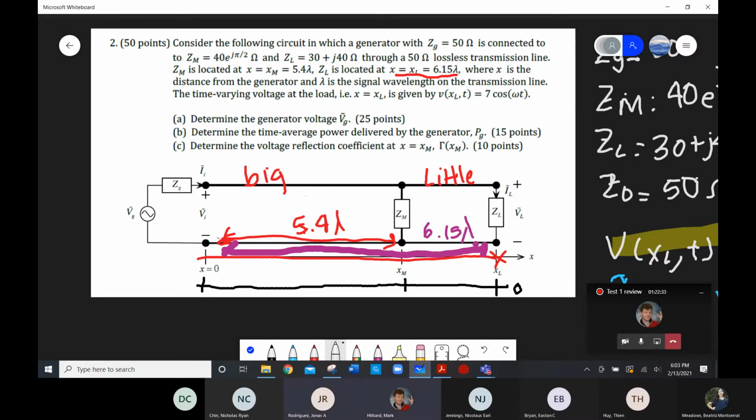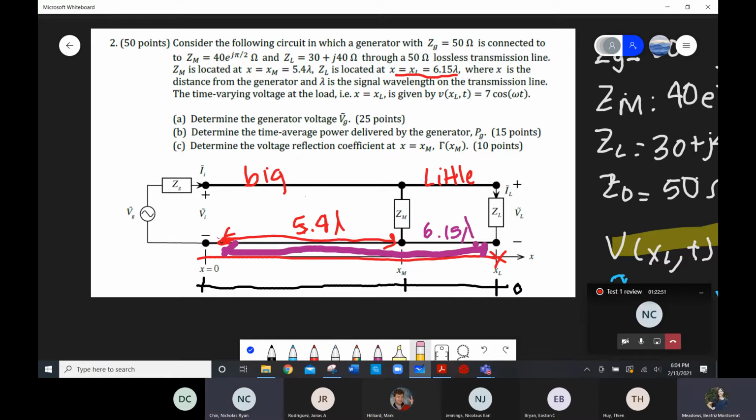Somebody said 0.75 lambda. So we write it as negative at xL? Yes, negative.